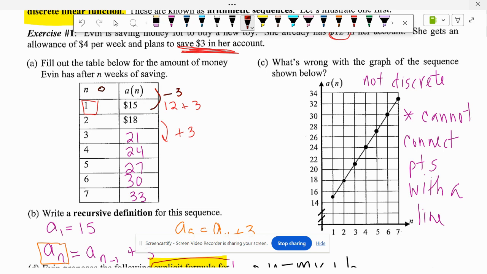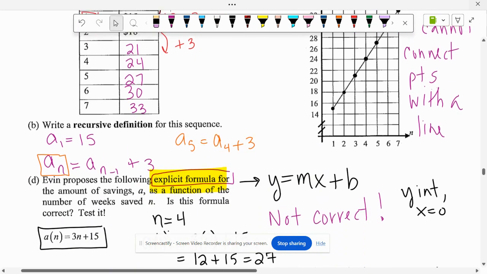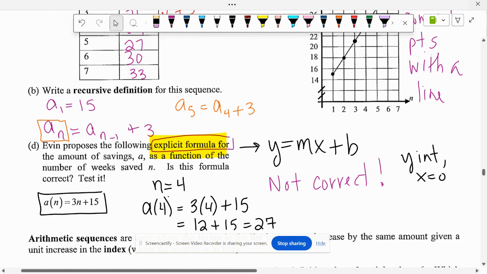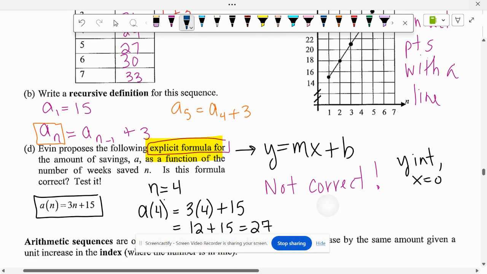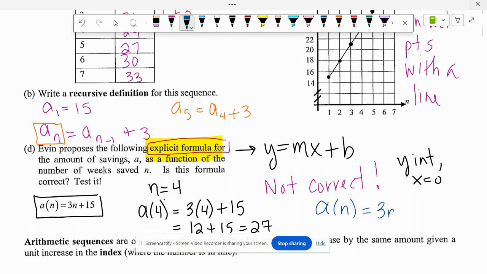What would my y-intercept be? It would be 12. So if I want to write an explicit formula, I have to know the y-intercept. So my explicit formula actually would be a sub n equals 3n plus 12.